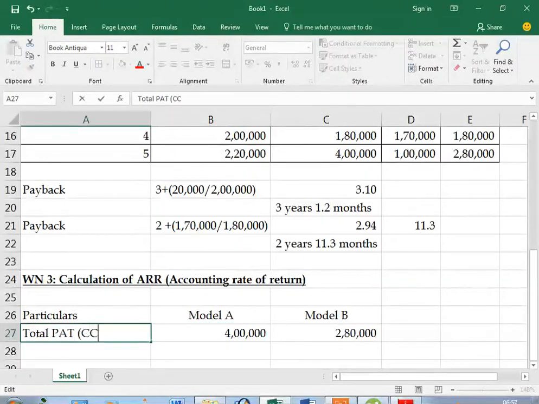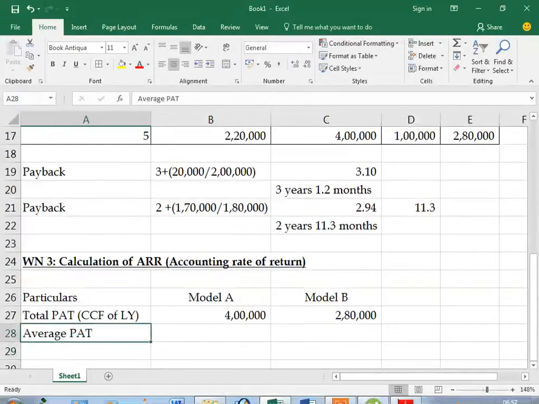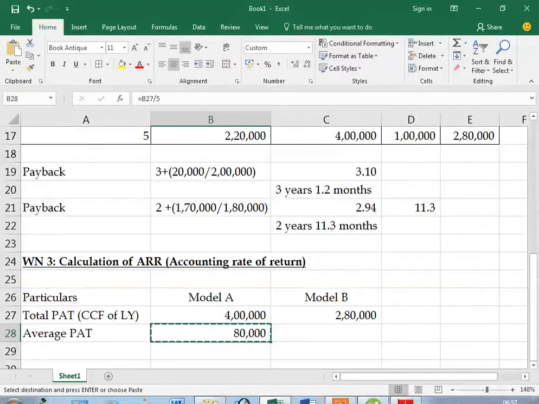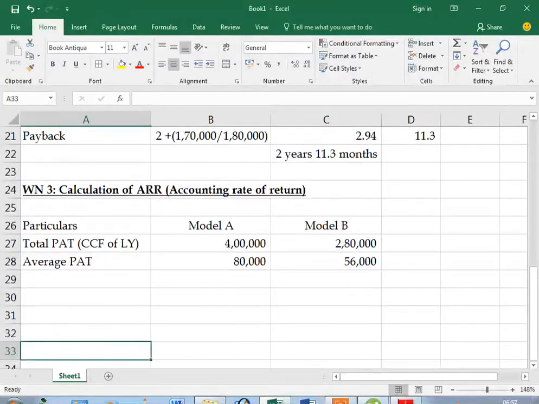Total PAT is nothing but CCF of last year. Any doubts on this? Average PAT, divided by 5. Average PAT. Any doubts on the average PAT number?